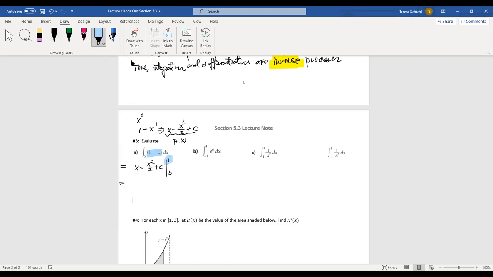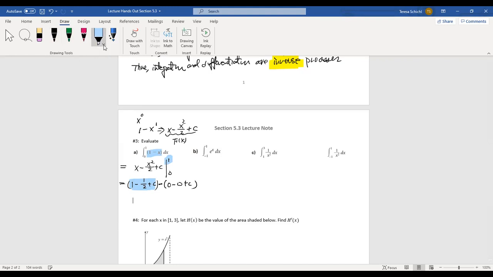Let me color code this one. The upper bound will be 1 minus 1/2 plus c, right? Then minus, you put the values here, so this is 0 minus 0 plus c.